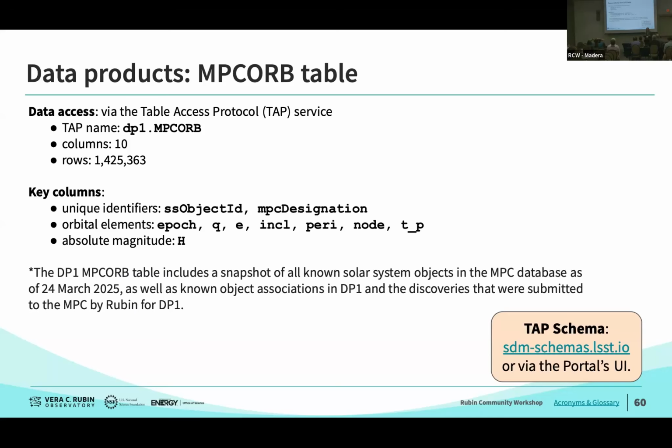This is a snapshot of all of the known solar system objects in the Minor Planet Center database as of late March of this year, as well as the known object associations that are in the DP1 catalogs and the solar system discoveries that were submitted to the Minor Planet Center by Rubin for DP1.